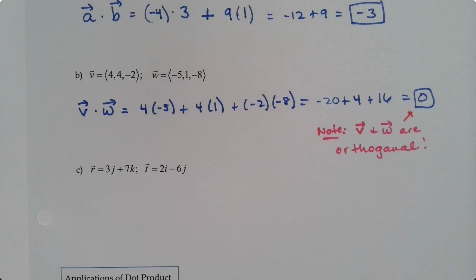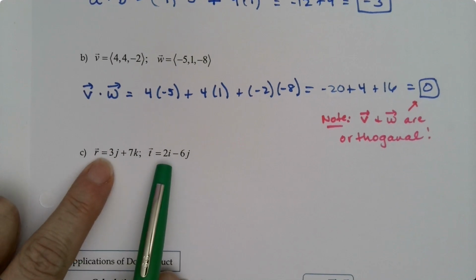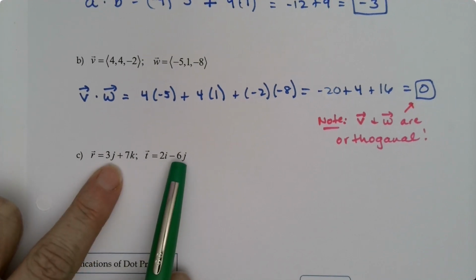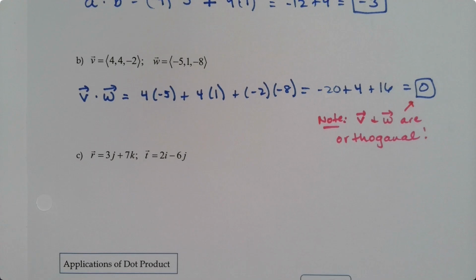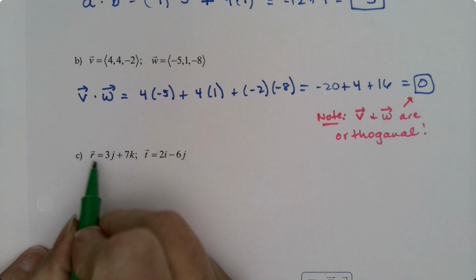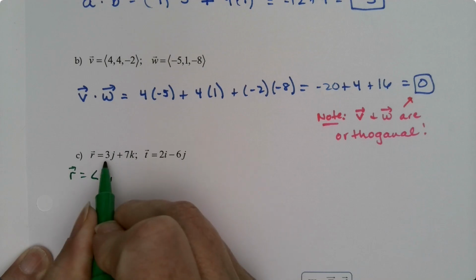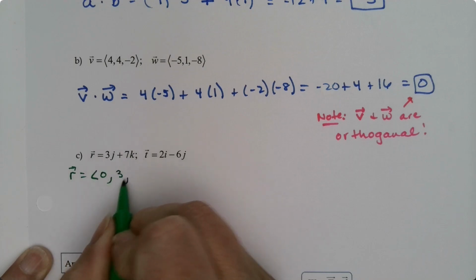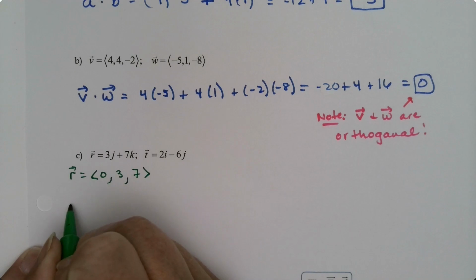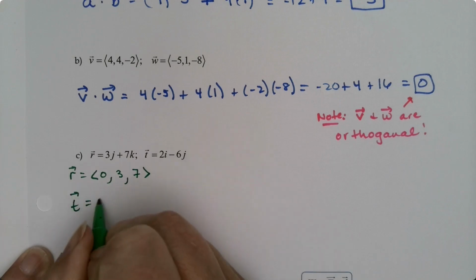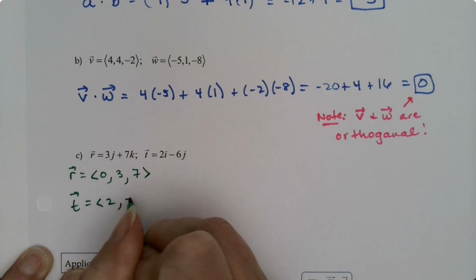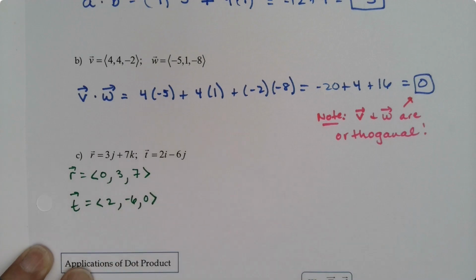All right, now this last one's a little tricky because it's easy to look at it and go, oh, 2 times 3 and 7 times 6, but no, no, no. They're in different placements. If you look, the R is actually 0, 3, 7 because there's no i component. And the T vector is 2 in the i component, negative 6, 0.